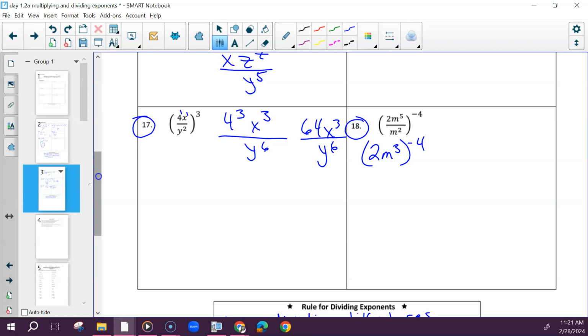You have another set of choices here. You can either take this whole thing and flip it, leave it in parentheses with a positive 4 outside of it, or you could apply the -4 to each thing and then flip it. It's up to you. But let's say I took this and applied it to everything here. We have 2 to the -4, m to the -12.